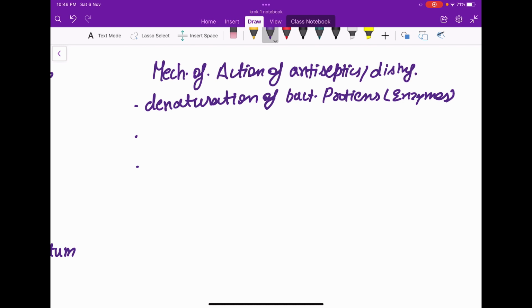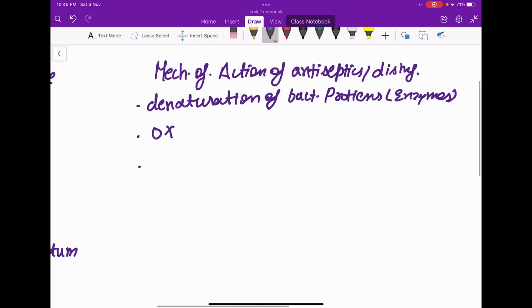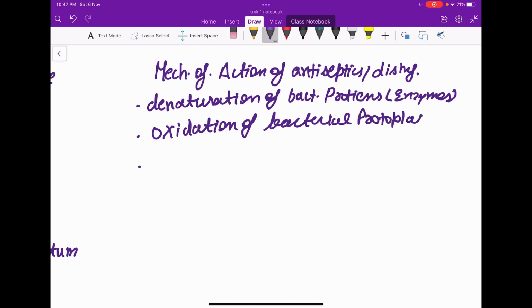What other option can be possible guys? By the oxidation of bacterial protoplasm. And what third can be possible guys?